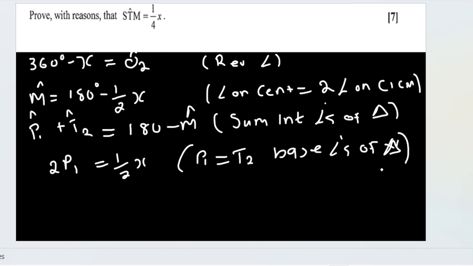You could also have said angles subtended by equal sides of an isosceles triangle.